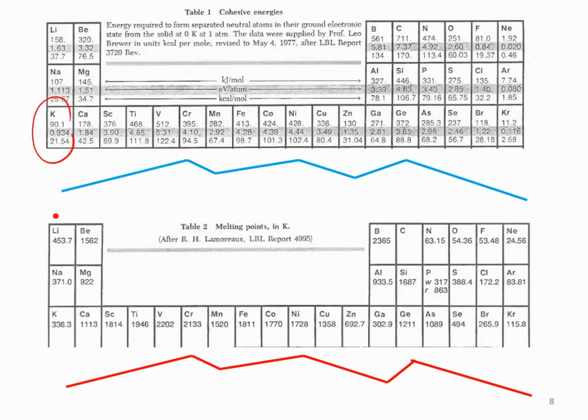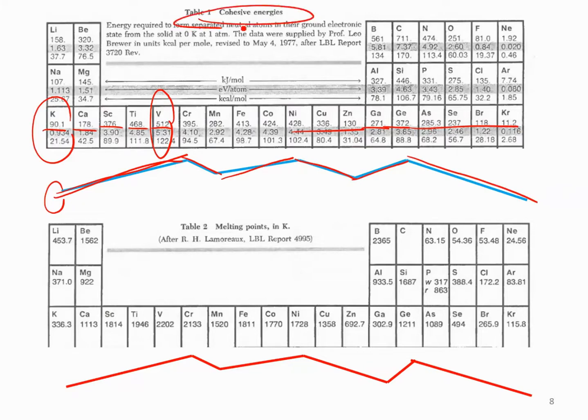Start from potassium, K, increase to V: 90, 178, 376, 468, 512, increase, and then 512 drops to 395, decrease, and drops to 283, decrease, and then increases again, decreases, increases up to 372, and then decreases to 11.2. So this is for the cohesive energy.